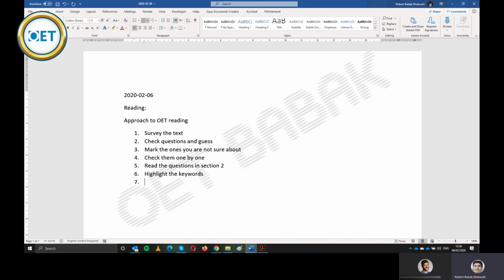So it's better to look at all of them and guess where they might be. And check the place with scanning or skimming.